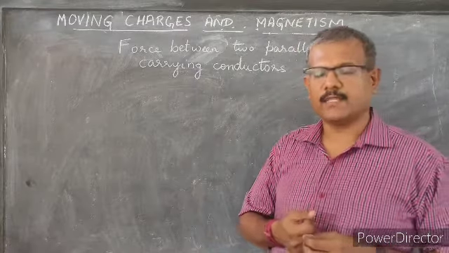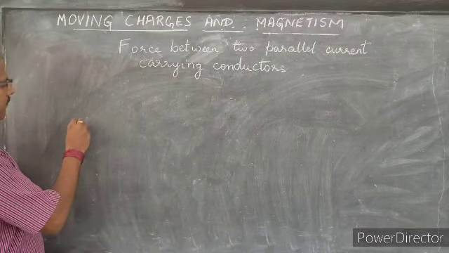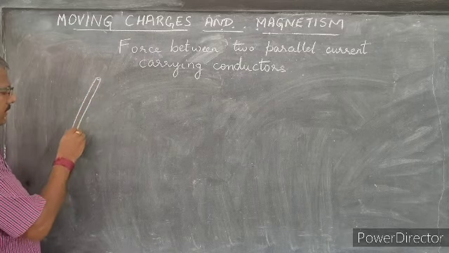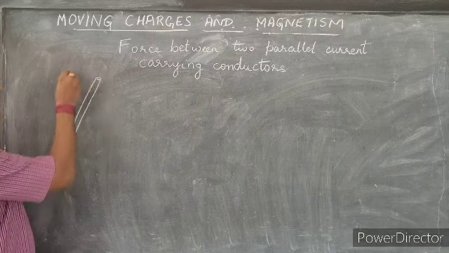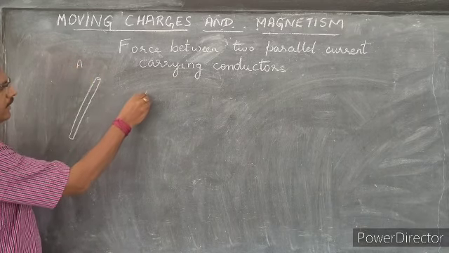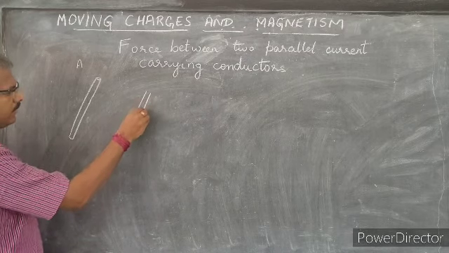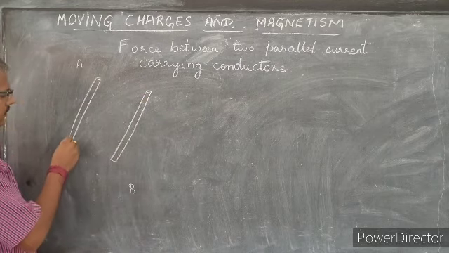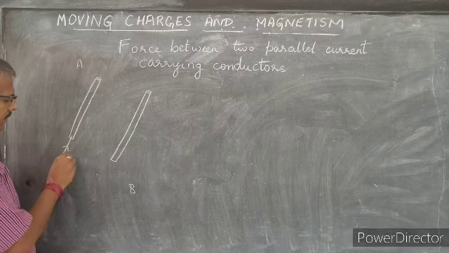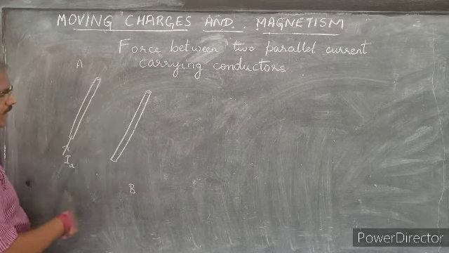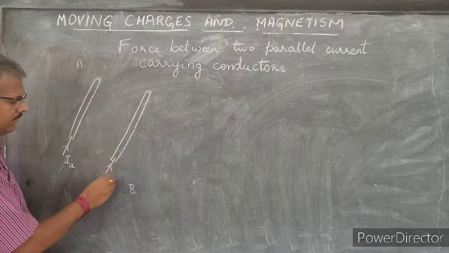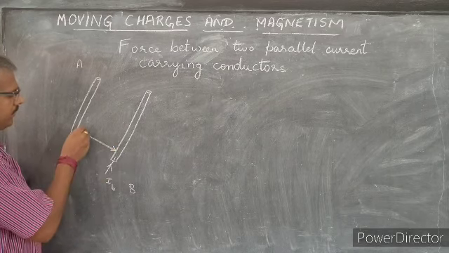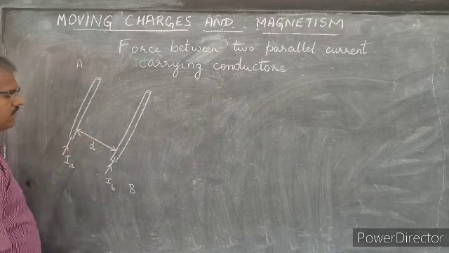So let's consider a scenario wherein I have a thin conductor called A and another thin conductor placed parallel to it, which I'll call B. And let's assume that I am passing current IA through the first conductor and current IB through the second conductor, and let the two of them be separated by a distance small d.